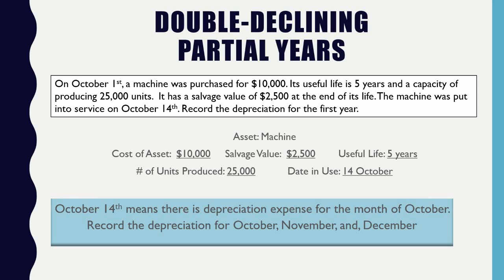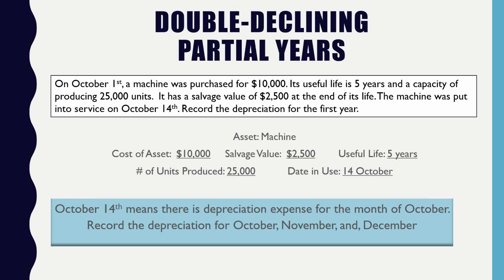Okay, with the assumption that you do your adjustments at the end of every year, if you placed it into service as of October 14, when are you actually going to start depreciating it? In October.